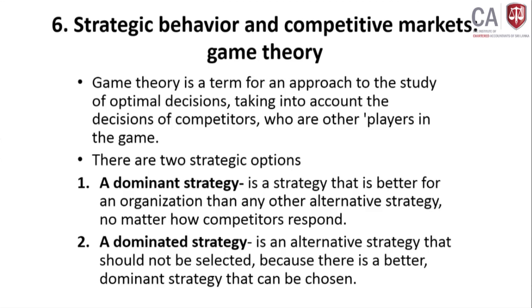A dominant strategy is a strategy that is better for an organization than any other alternative strategy, no matter how competitors respond. This is the best strategy you can select. You don't worry how others are going to respond against you. Whatever response they have against your strategy, still this is the best strategy you can have in the marketplace.